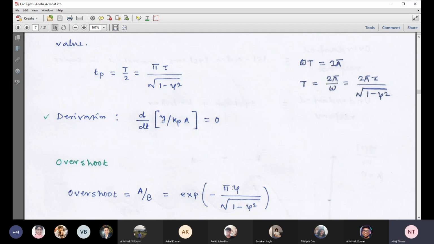Yes, sir. What is your status, Rohit? I differentiated the rearranged expression and got tan inverse of omega tau by psi minus phi is equal to n pi. So it is not converging to the right answer. I am not sure whether n should be 0 or 1 or minus anything.